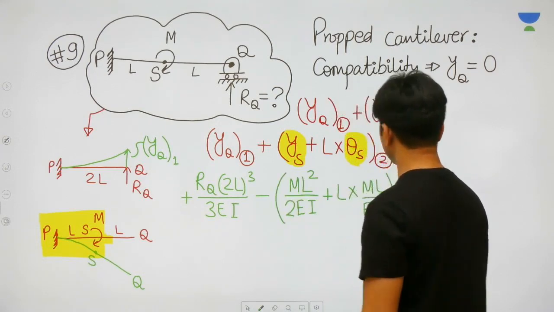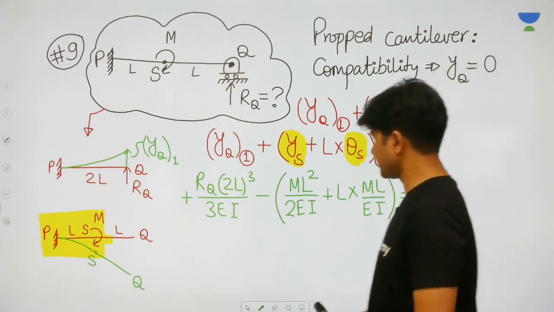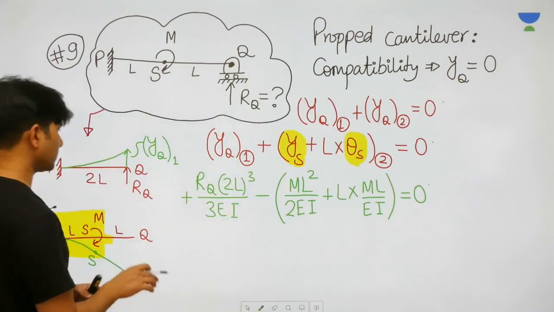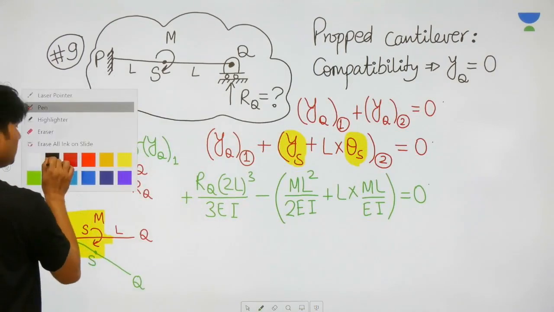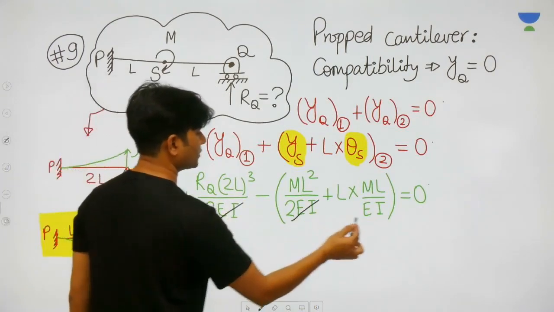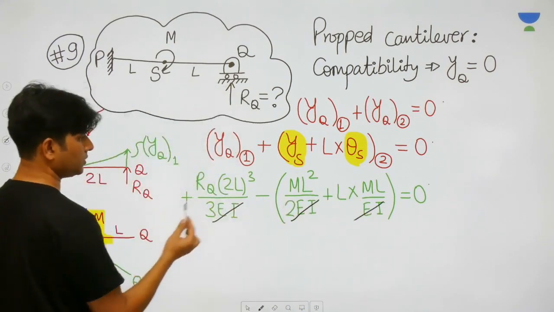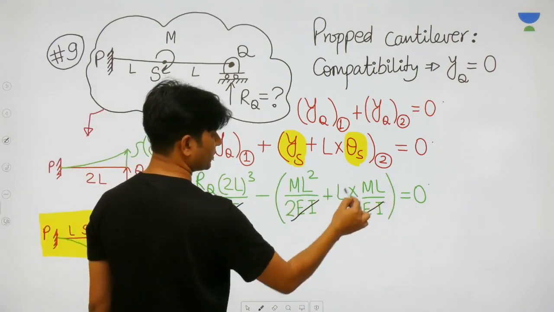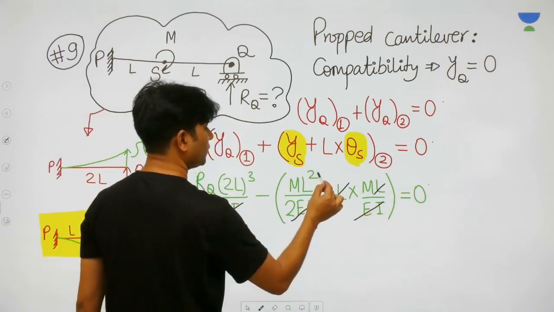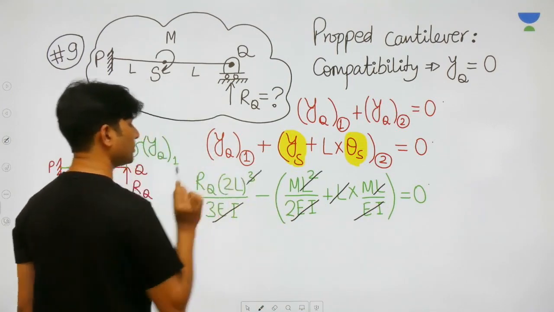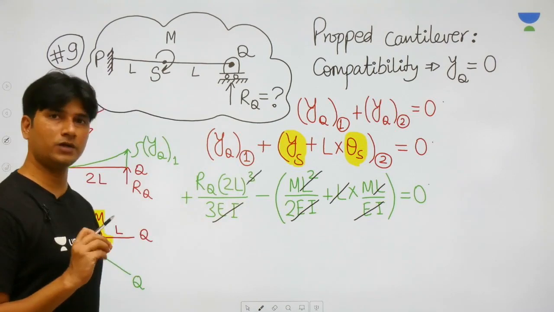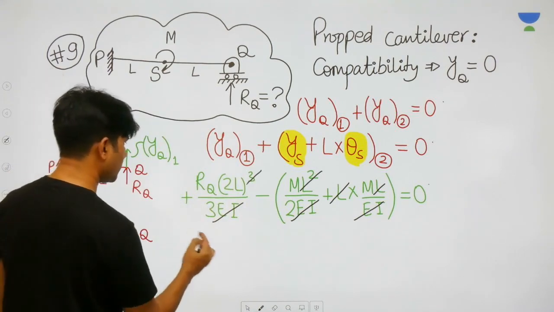You can now simplify this. EI is a common factor here, so EI is going to get cancelled. Also L square is a common factor here, so L square will also disappear.